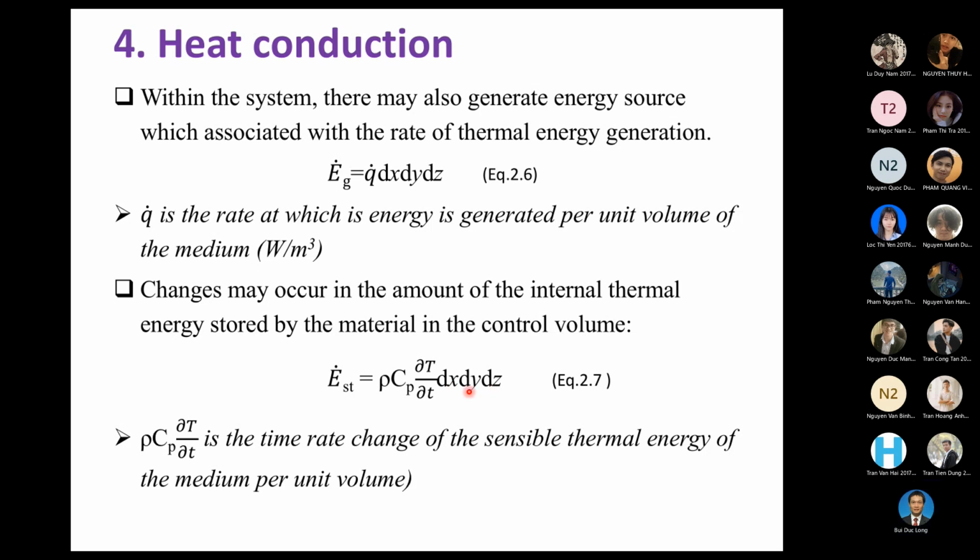So rho Cp dT/dt is the time rate change of sensible thermal energy of the medium per unit volume. You multiply with the volume, and you will have the energy stored in the body.